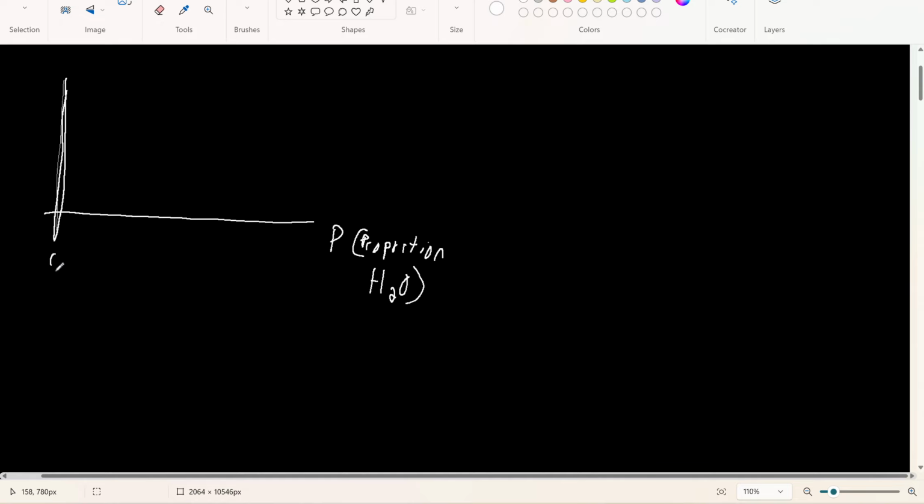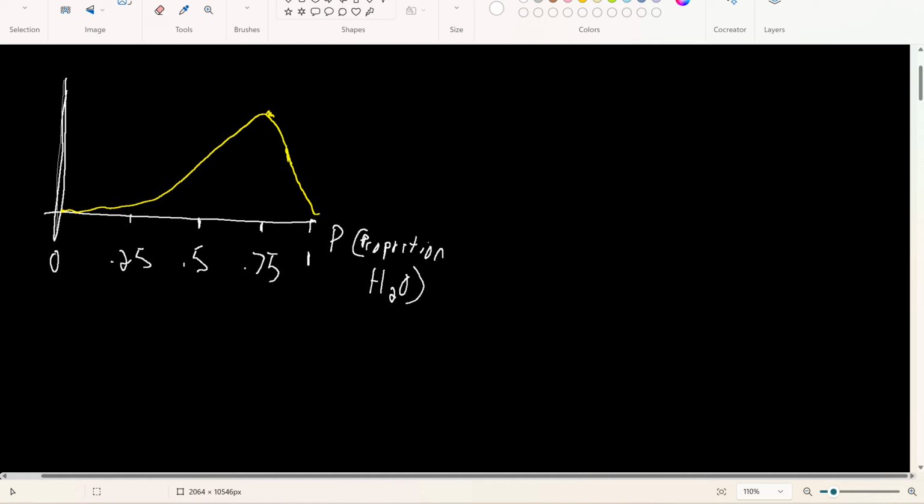Here we have 0, here we have 1, roughly 0.5, and we can fill in the rest. Now we don't actually know what our probability distribution looks like. Or, I mean, we kind of know from previous problems, but it will look something like this, probably with the maximum being here.